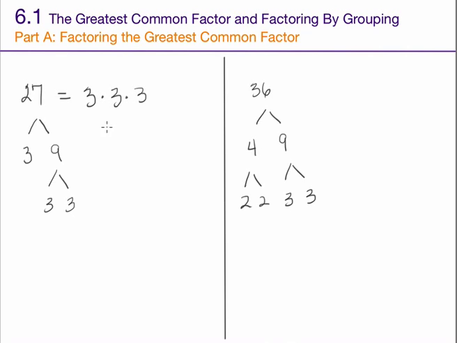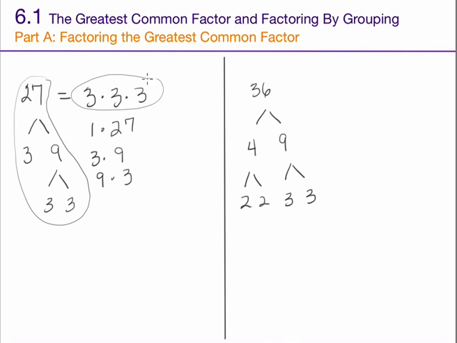But I can also write 27 as 1 times 27. I could also write it as 3 times 9, or 9 times 3. So this process, making a factor tree, helps me write 27 as the product of all its primes. But it's not the only way to write 27.